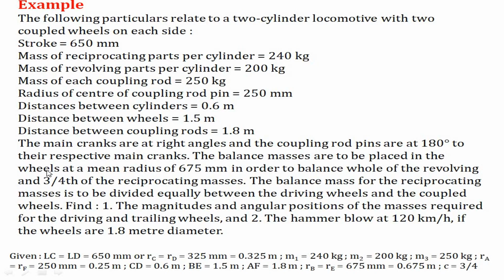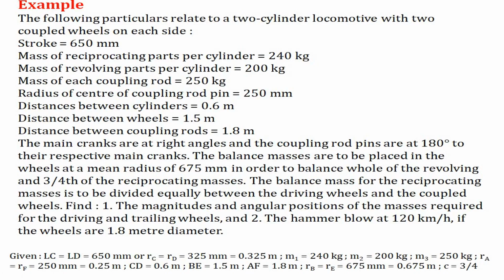One more thing that we have to focus on is what fraction we are going to use. Here 3/4 of the reciprocating masses are to be balanced along with the whole of the revolving masses. The balanced mass for reciprocating mass is to be divided equally between the driving wheels and the coupled wheels. Now friends, this is the most important thing we have to focus on.